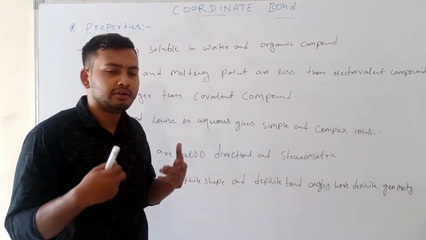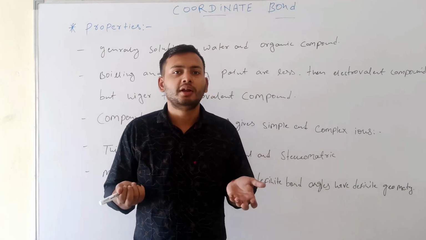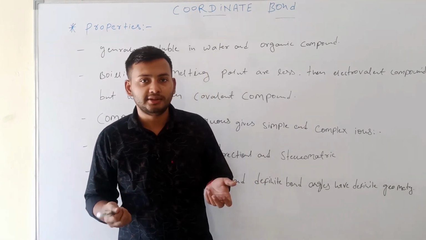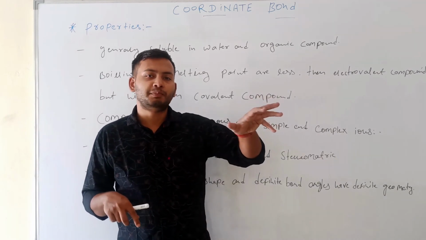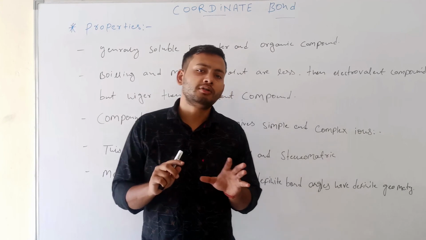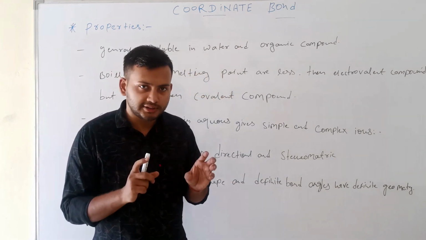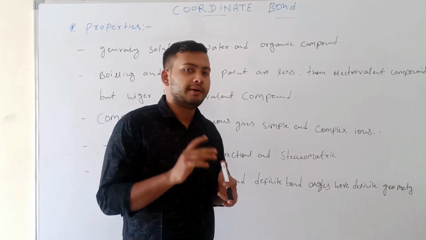We don't say all coordinate compounds have the same directions, angles and geometric shapes. Some are tetrahedral, pentagonal or pyramidal, so there is no single shape; many shapes form inside coordinate compounds.